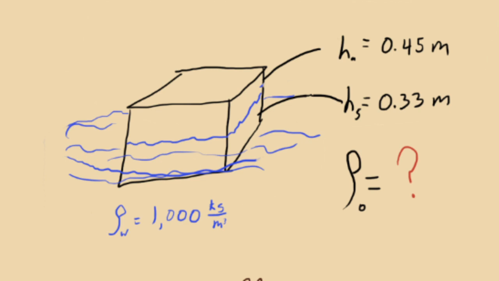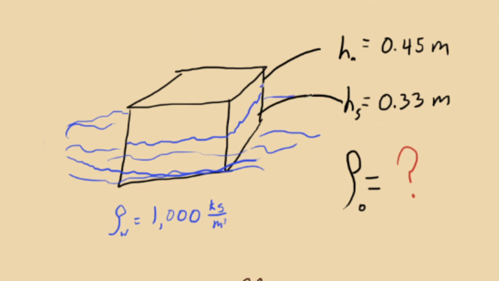Okay, so now let's look at an example where we're told that an object is floating, and it has some height submerged underwater, 0.33 meters, and a height of 0.45 meters above the water. It's in water, so we know the density of water is 1,000 kilograms per meter cubed, and we want to know the density of this object.